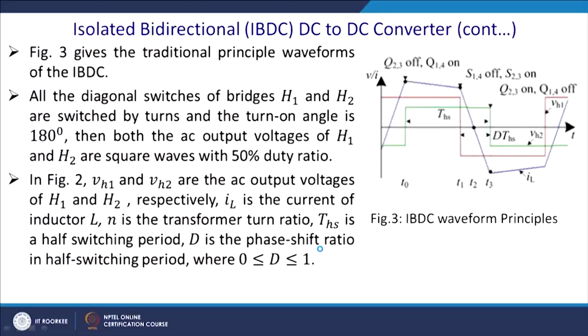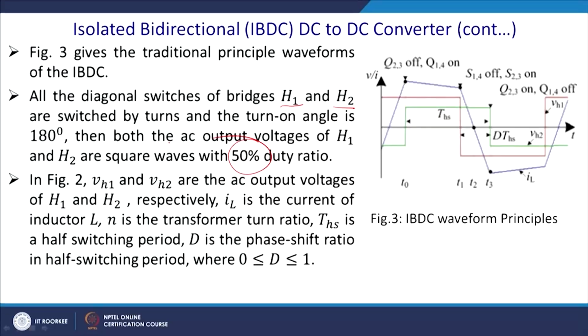So, we can see the waveform. Figure 3 gives the traditional principle waveform of IBDC. You can see all the diagonal switches of the bridges H1 and H2 are switched by turns, and the turn on angle is 180 degrees. Then both the AC output voltages of H1 and H2 are square waves, assuming a 50% duty cycle.